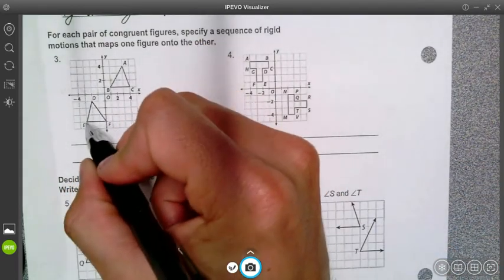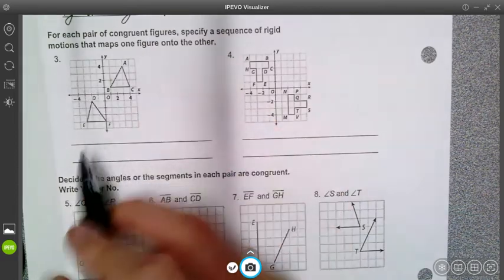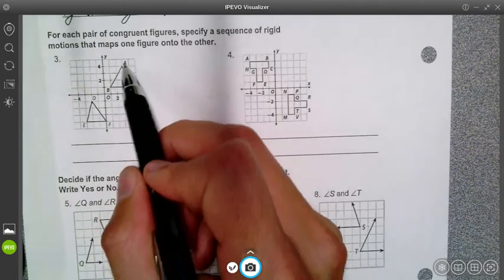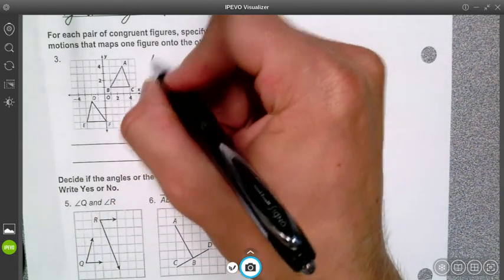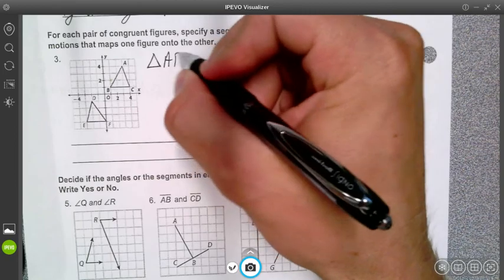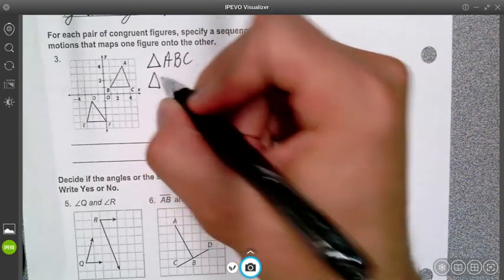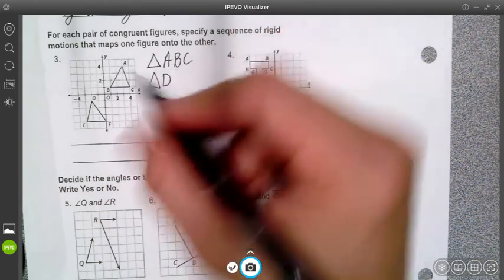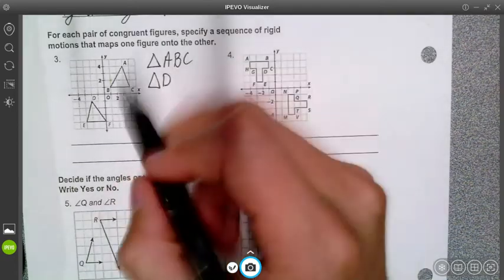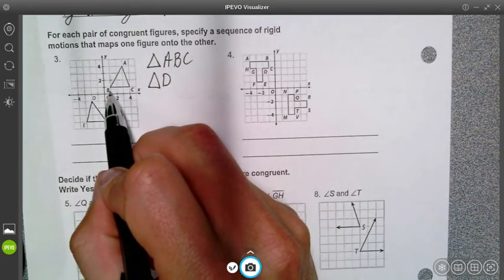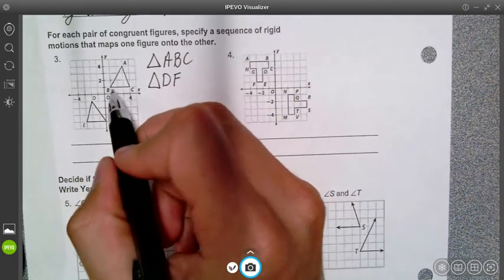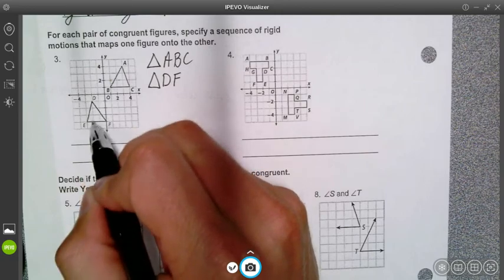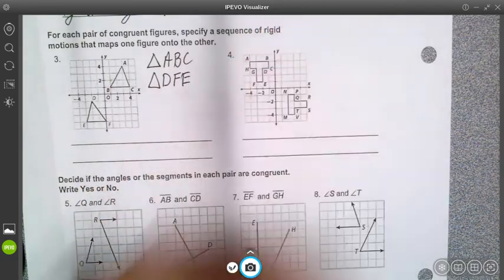And it looks like this D is a little bit closer to E, so I've got 3 on the bottom here, and the D is closer to the E. We've got 3 on the bottom here, and the A is closer to C. So we know that if I'm going to name this triangle A, B, C, the corresponding triangle, A would have to correlate with D, because that's the top point here, and then B would actually correlate with F, because it is the point that is 3 down and 2 away. So 3 down, 2 away, that's F, which means this would be E.